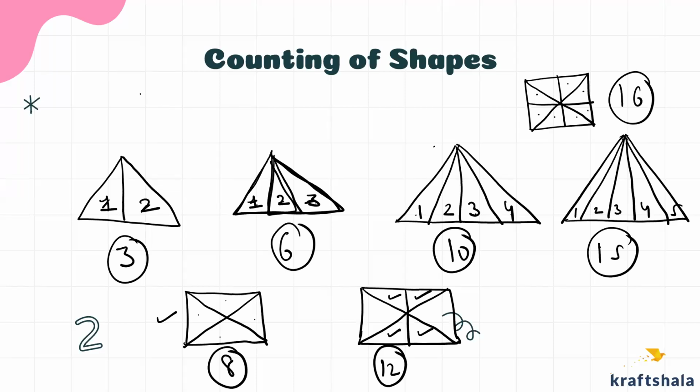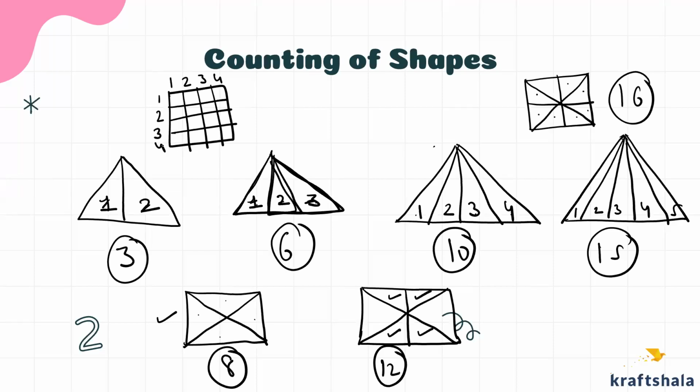Yogesh, I told you about counting squares. Okay, I'm repeating. I think you were not there then. Anyways, just mention the numbering: 1, 2, 3, 4. And numbering here as well: 1, 2, 3, 4.